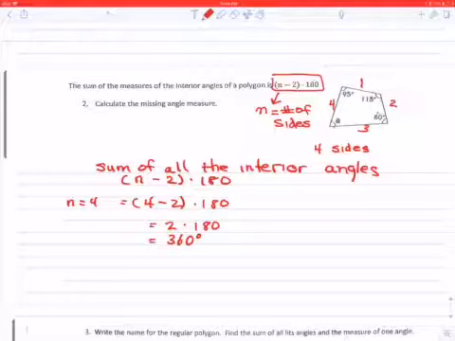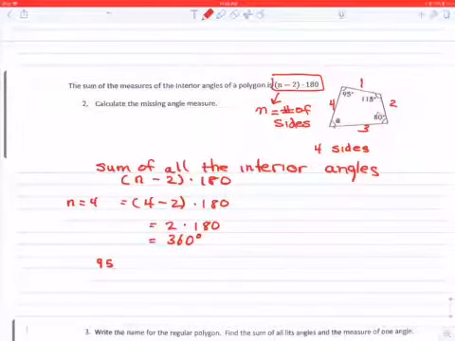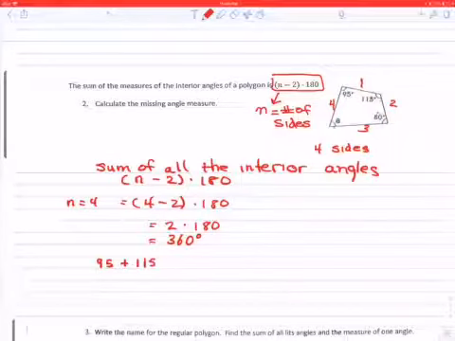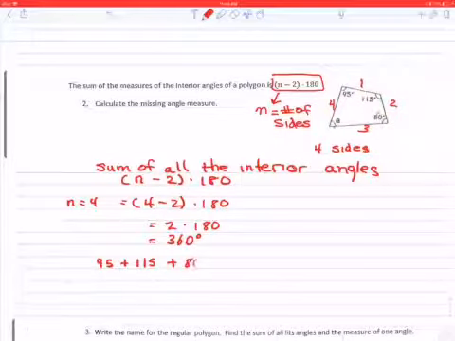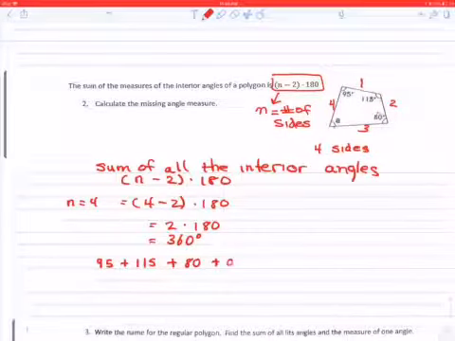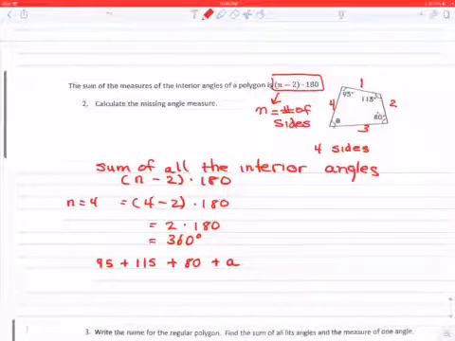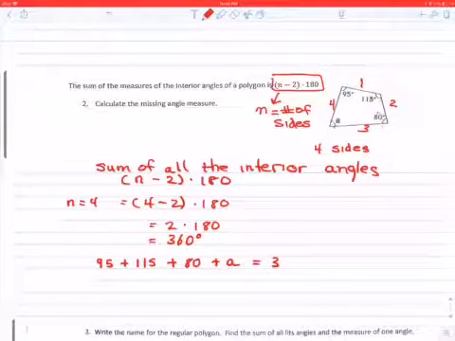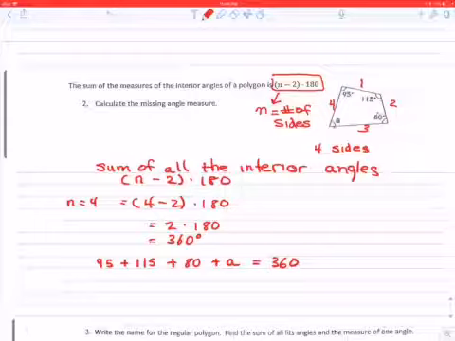So 95 plus 115 plus 80 plus A, the angle we don't know, has to add up to 360.